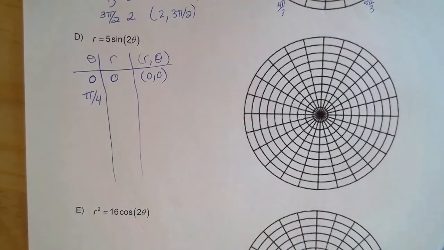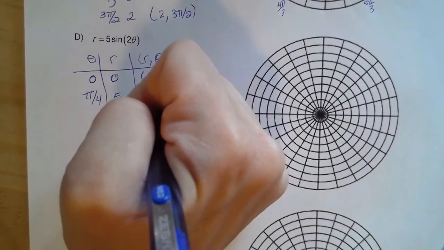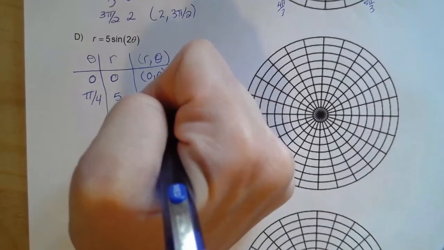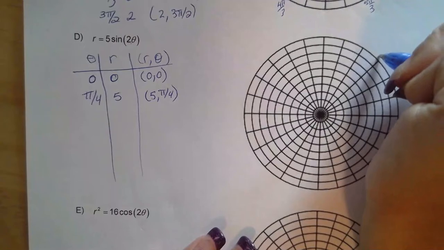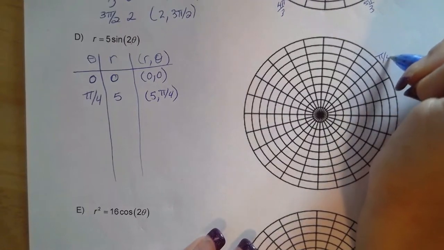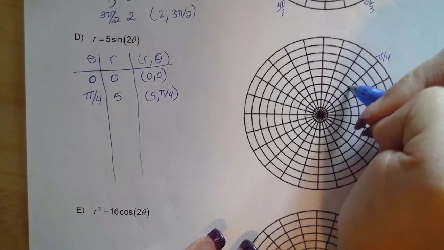Well, pi over 4 times 2 is pi over 2, and sine of pi over 2 is 1, and 1 times 5 is 5. So we're at 5, pi over 4. Alright, pi over 4 is right here. So we're going to go at 5. 1, 2, 3, 4, 5.